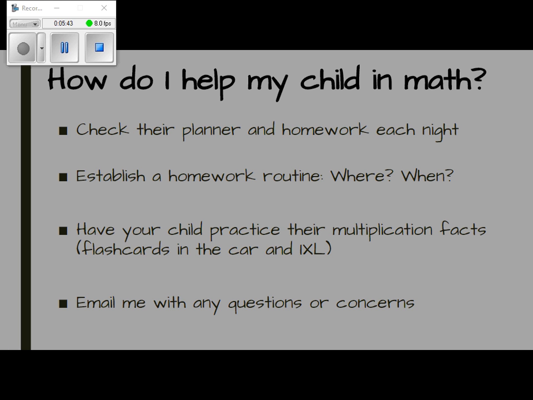In fourth grade, we really do want these to become automatic, the basic multiplication facts. We don't want those to take too much, so we do want those pretty automatic. So anytime your child has time for a few flashcards, time in the car, any time you could work on those would be helpful. Always email me with any questions or concerns, of course, and we can go from there.